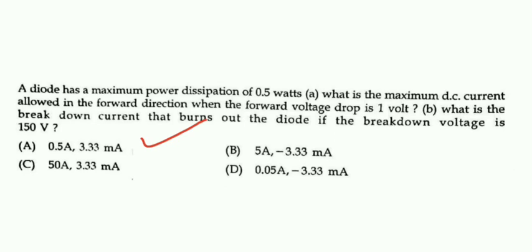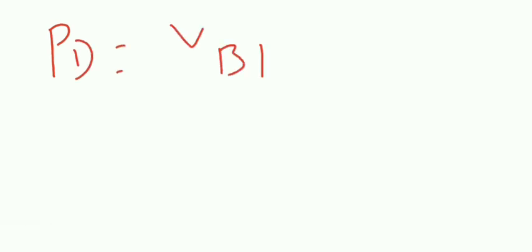Anyway, we will find the answer for the second one and check whether it is 3.33 milliampere or not. The second one is, what is the breakdown current that burns out the diode if the breakdown voltage is 150 volt? So next, we write PD max in terms of breakdown voltage. It is equal to VBR into IR.